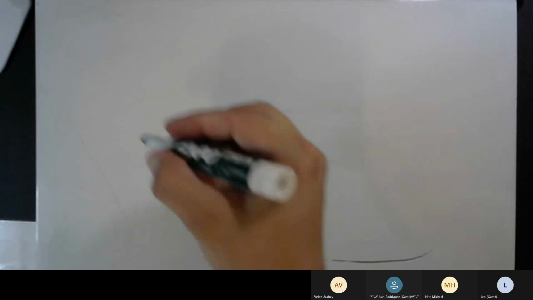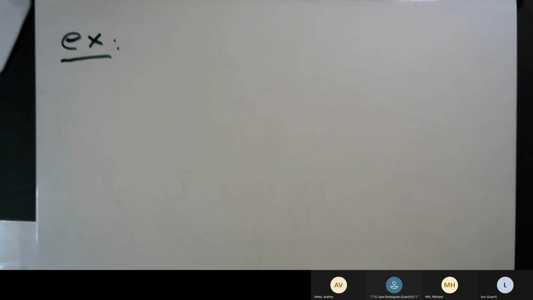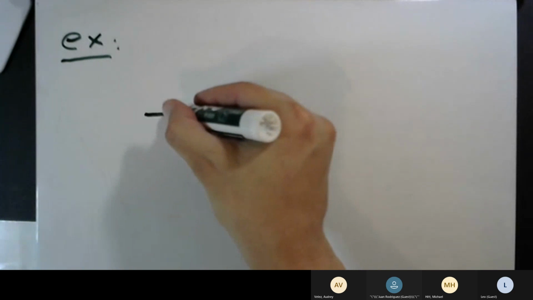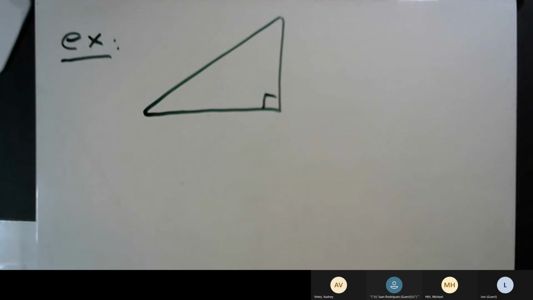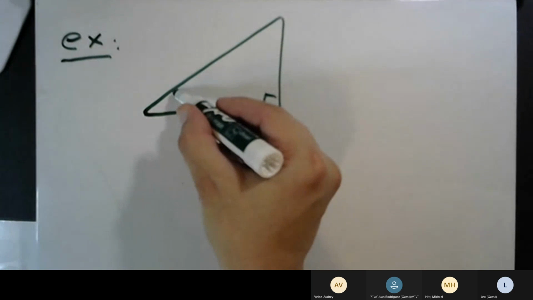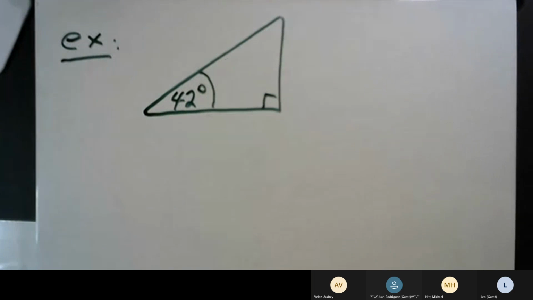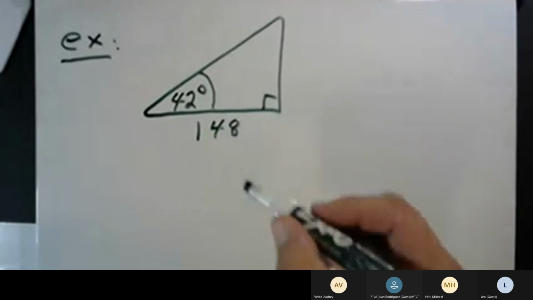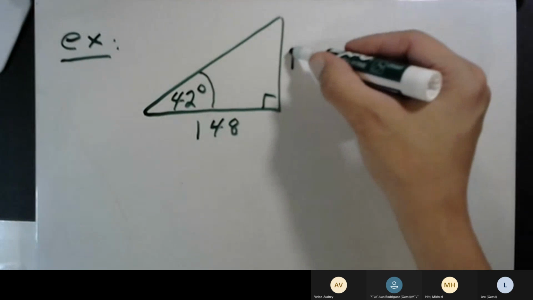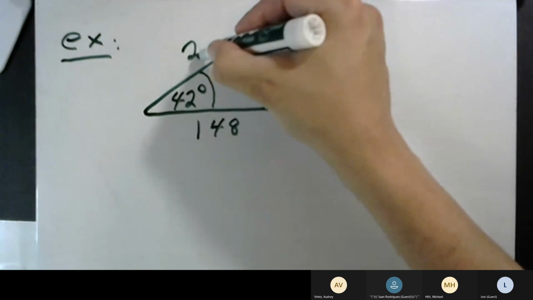All right. So let's say we have a triangle like this. There's our angle. This side, 148. This is 134. And this is 200.